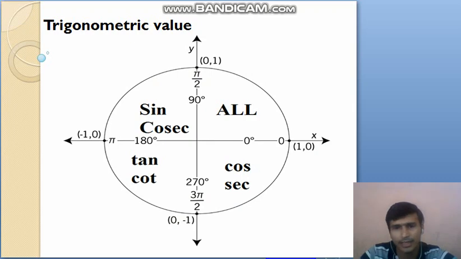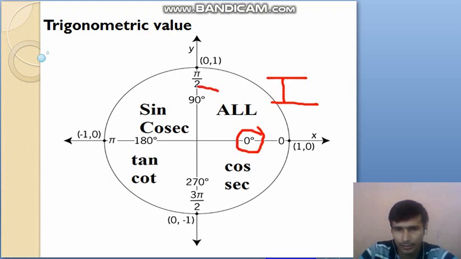As previously I told you, the circle is divided into 4 quadrants. In the first quadrant, all the trigonometry functions are positive, right? The values of all the trigonometric functions from 0 to 90 degree are positive.